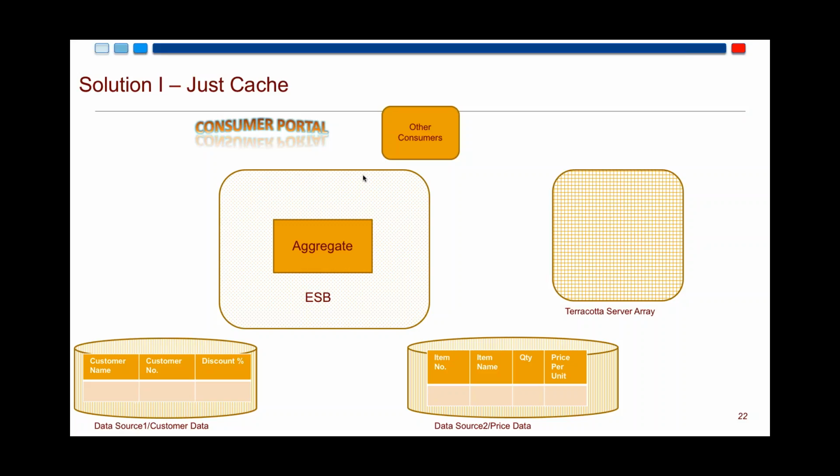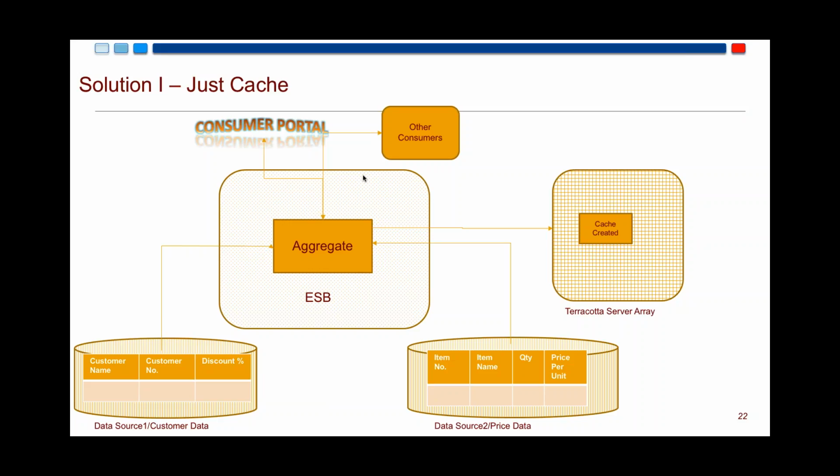For example, for the first run, when the consumer sends the request for the first time, it goes to the aggregate service, which fetches the data from data source 1, gets the data from data source 2, processes the data from both, and, using the pluggable handler we developed, inserts the results into the Terracotta server array as key-value pairs and returns the results to the consumer.